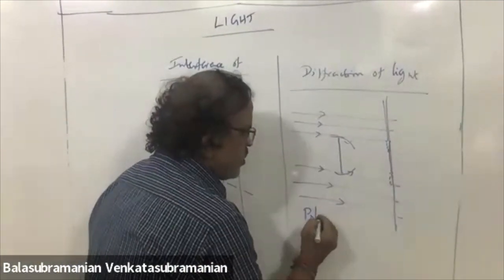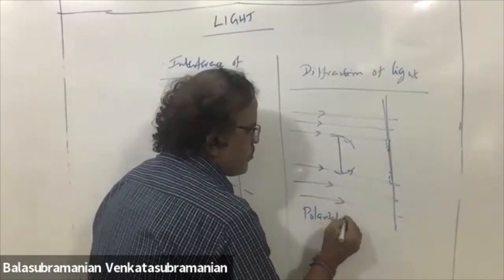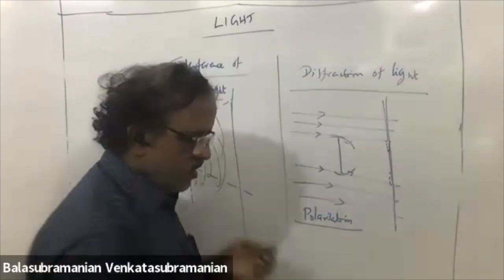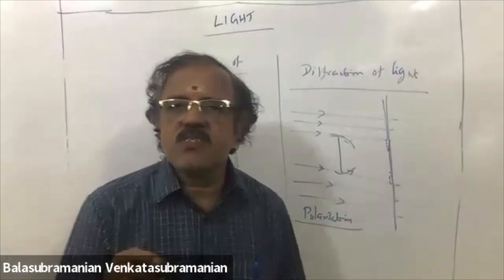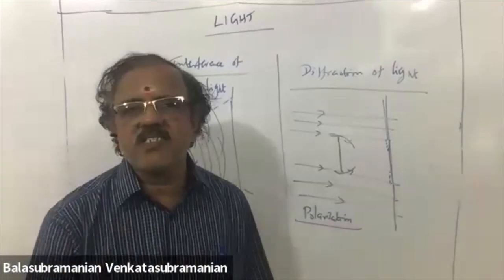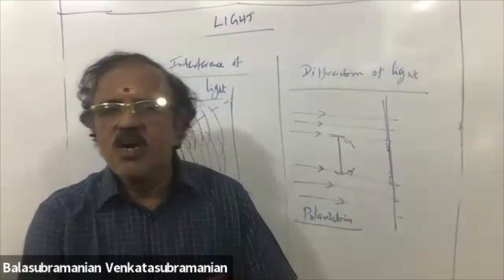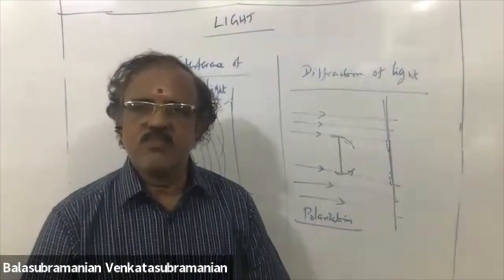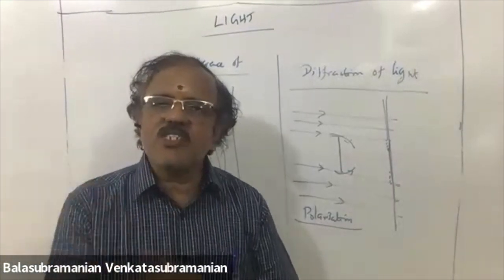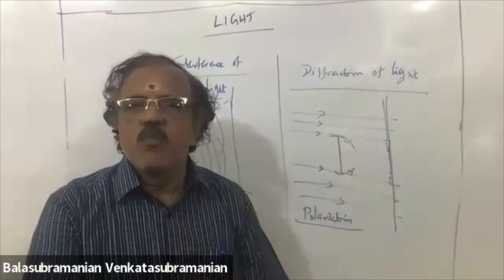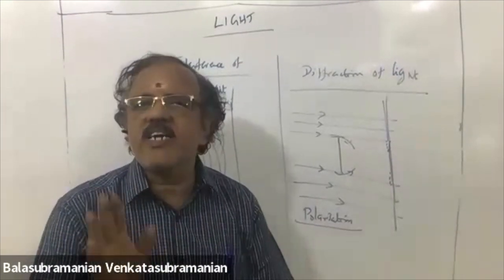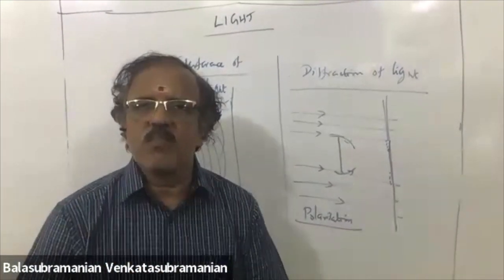Polarization of light. Light waves are transverse in nature. We know waves are either transverse or longitudinal; we are going to prove light waves are transverse. Polarization proves that light rays are transverse in nature.